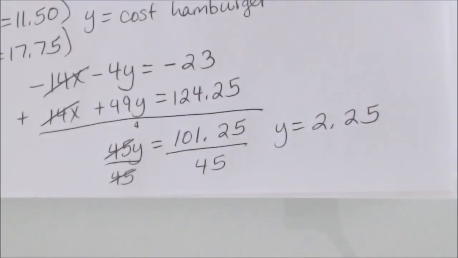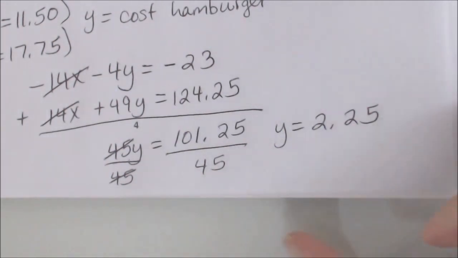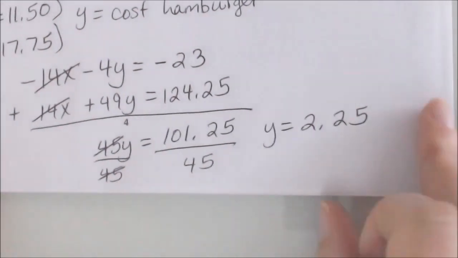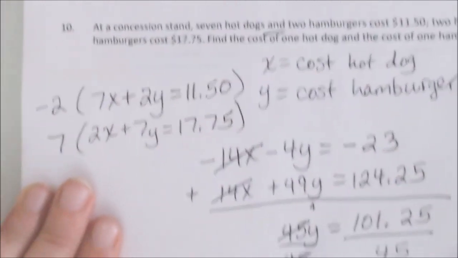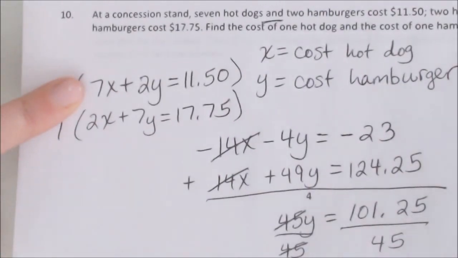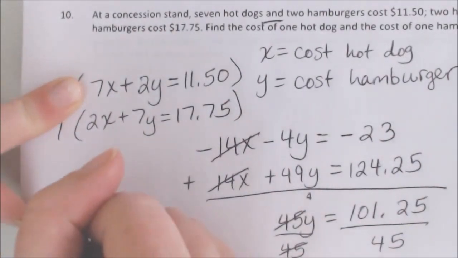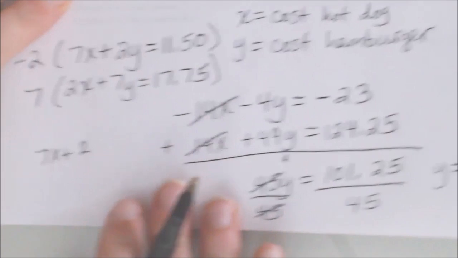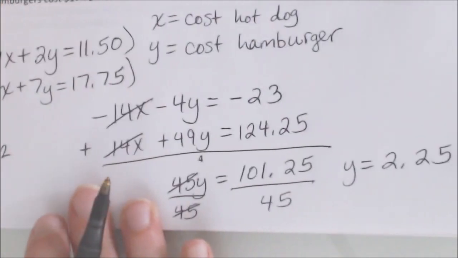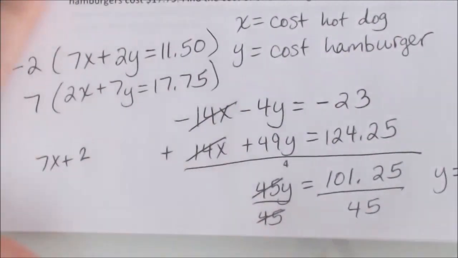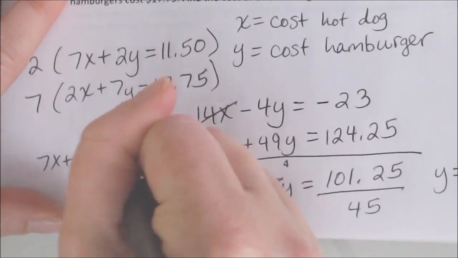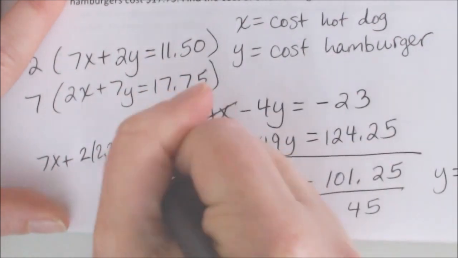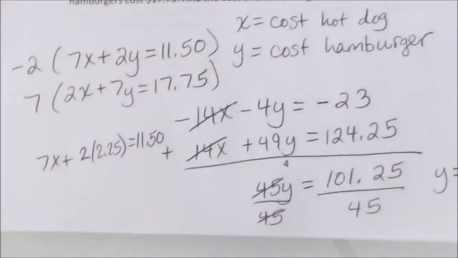I still need to go back and get the cost of the hot dog, so I'm going to pick one of the original equations to work with. So let's come back over here. Let's say the top equation. We would have 7x plus 2 times your y value, but your y value you just figured out was 2.25. So 7x plus 2 times 2.25 equals 11.50.